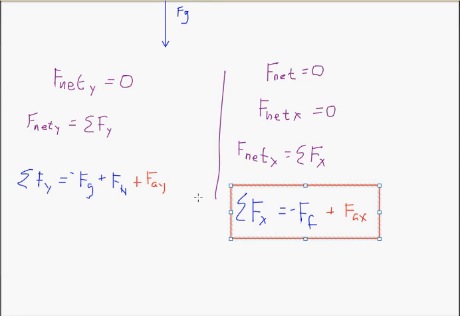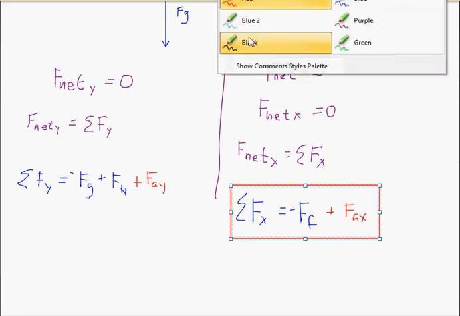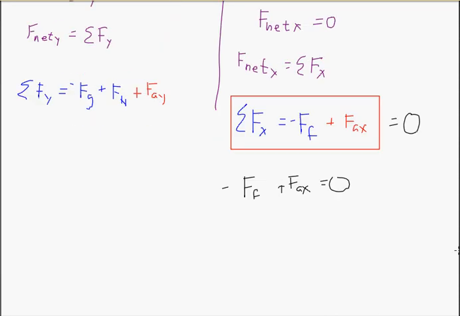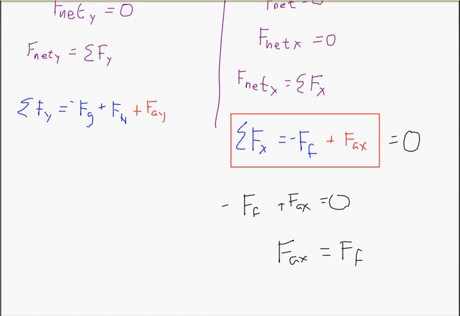And once again, we know this is at equilibrium, so we know this equals 0. Negative Ff plus FAx equals 0, and therefore FAx equals Ff. So if you can find your FAx, you can find your Ff.